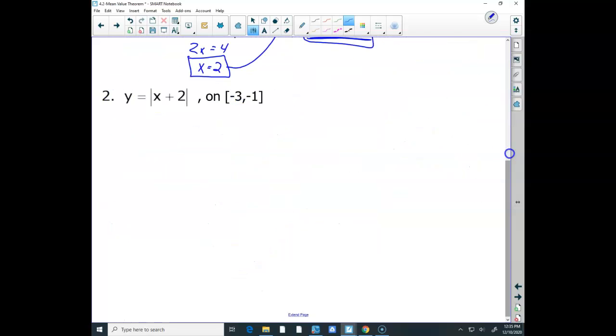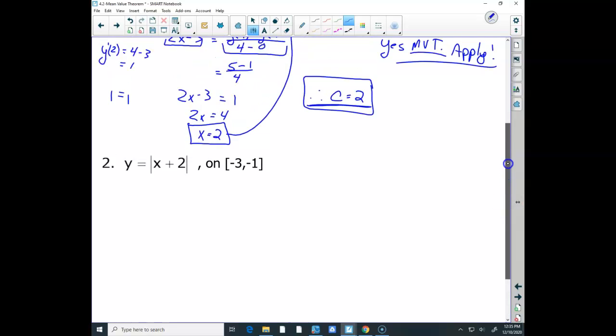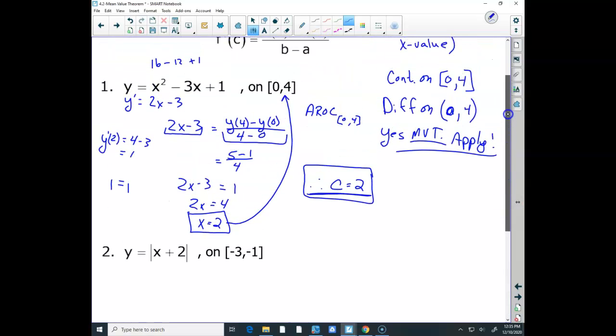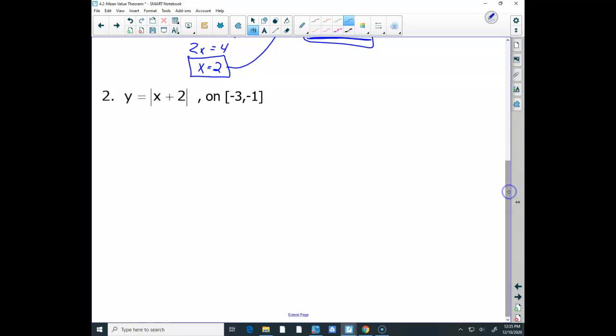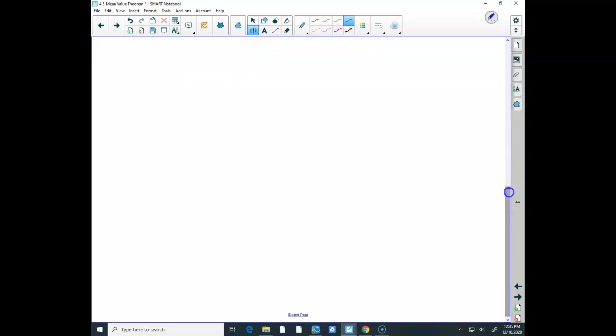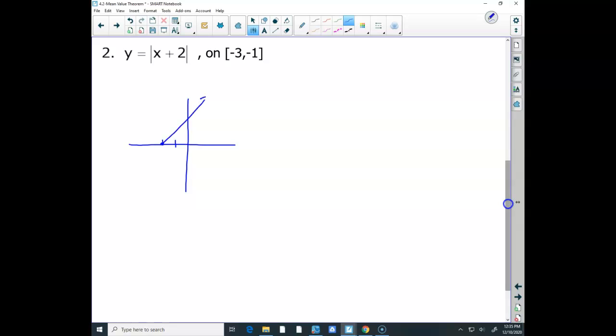Okay, so we're going to look at the next one. When we're talking about this continuous and differentiability business, like I said in the beginning of the year, your parent functions really, really help. Hopefully you can look at this little rascal here, and if I graphed an absolute value function, the vertex is shifted over right here. It's got a slope of 1 going up one side and a slope of negative 1 going up the left side.